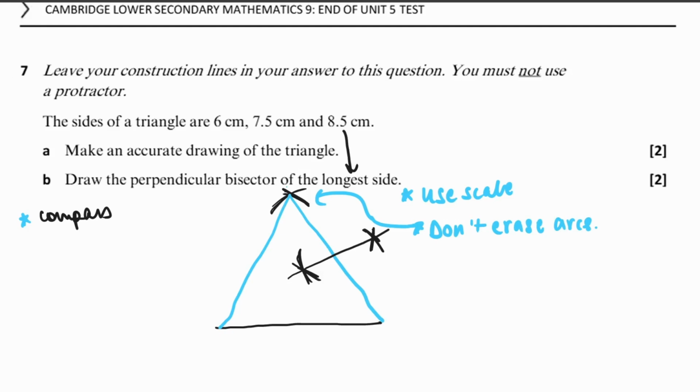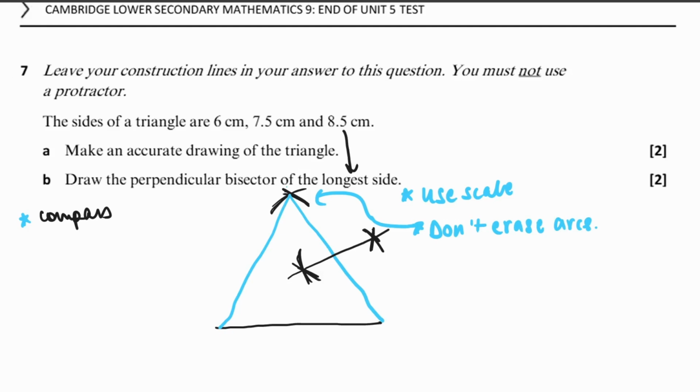First of all, you would mark the base. You can take any length, like for example, 7.5 or 8.5, it doesn't matter. You measure one length, draw a line using your scale, and then using your compass, measure a length of 7.5 centimeter, for example, and draw an arc from one end of the baseline.